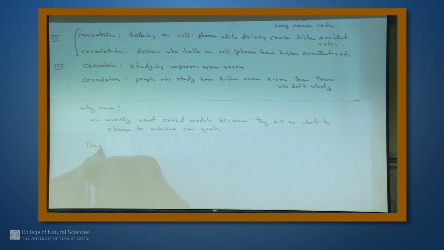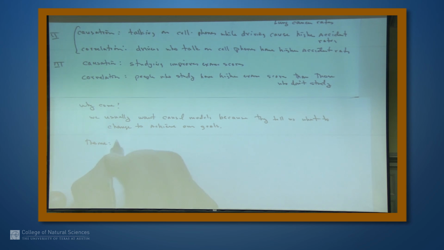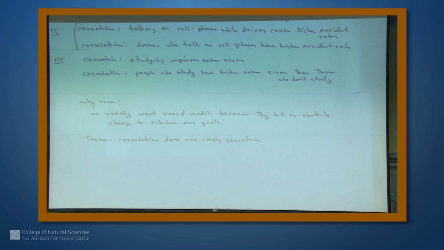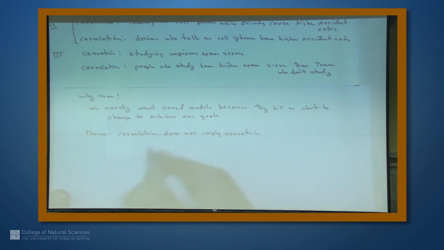The problem that we're going to confront is that correlation does not imply causation. So we see a correlation. Doesn't mean that there's a causation there. In other words, it is a mistake to assume that 2 variables in a correlation are necessarily causally related.